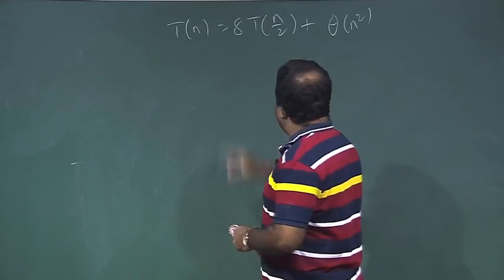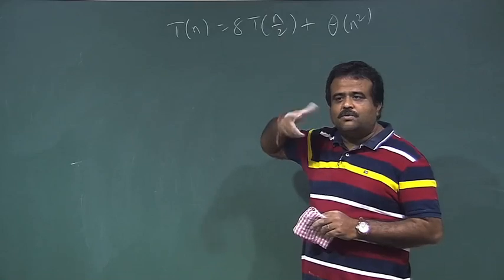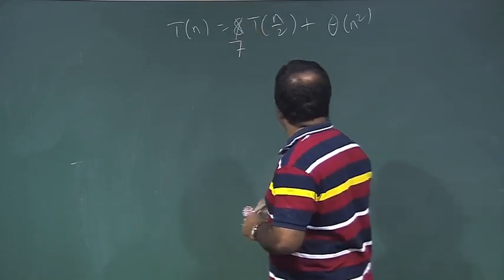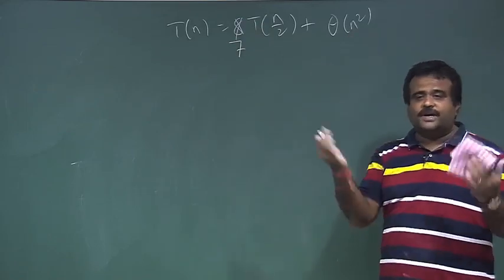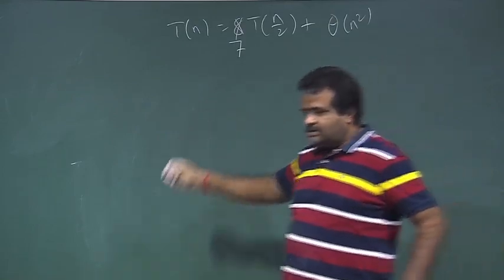Suppose instead of 8 multiplications, we can reduce it to 7 with the cost of more additions, because addition will anyway take order of n square. Here we are doing 8 multiplications. What is the formula?